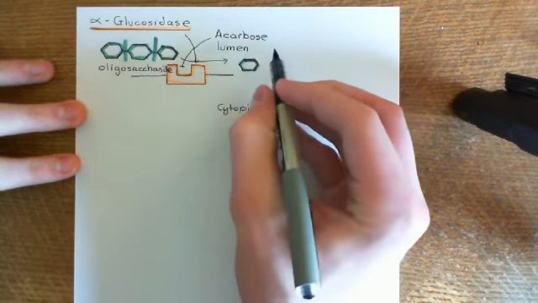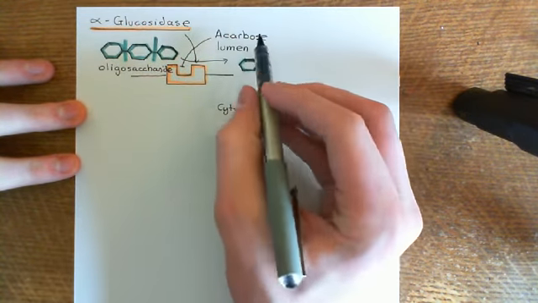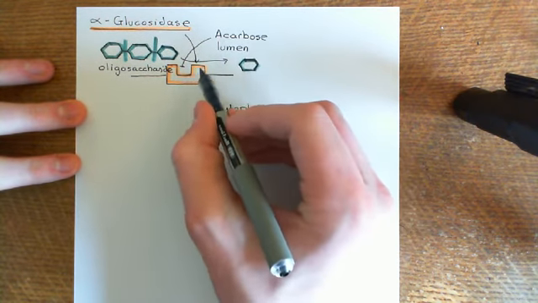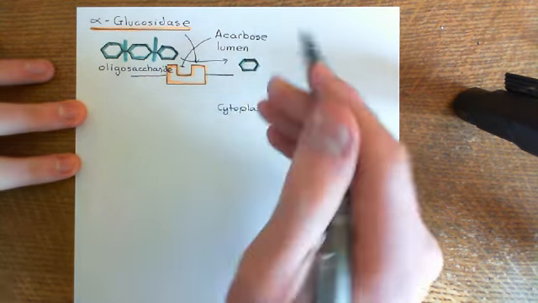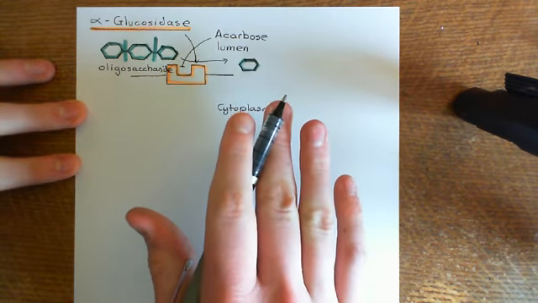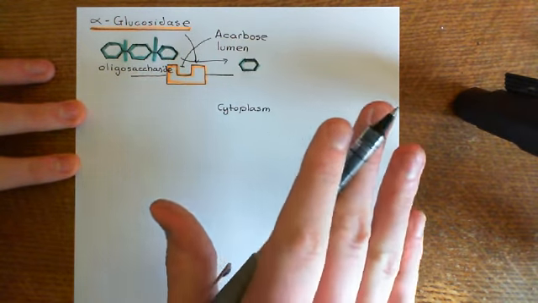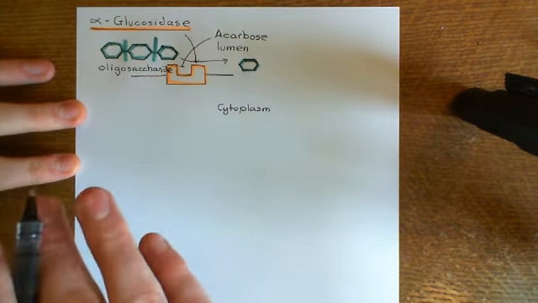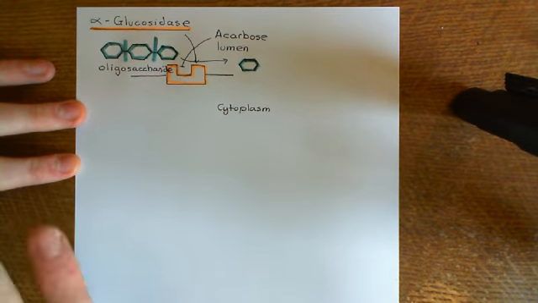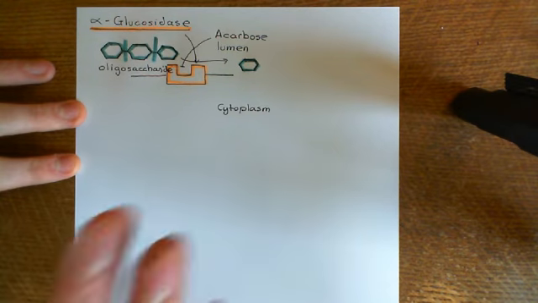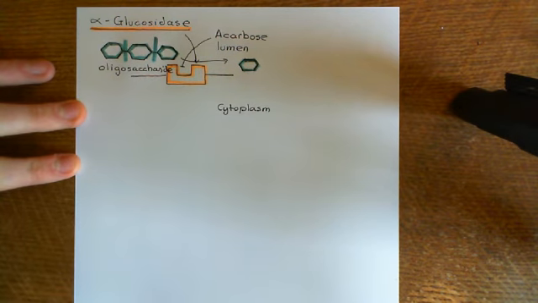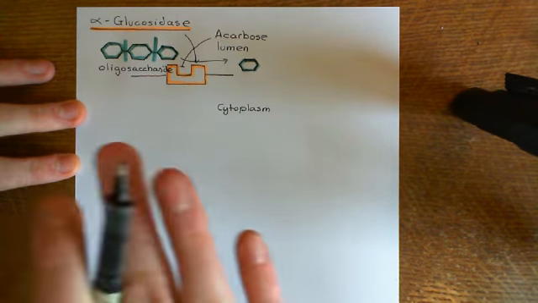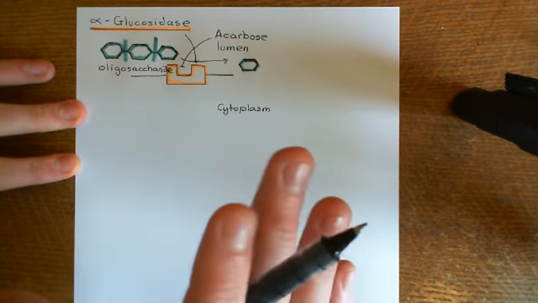So what is the effect of this? Well, you're not going to completely inhibit the enzyme. All you're going to do is reduce the activity of the alpha-glucosidase enzymes as a whole when you view them in the whole intestine. You're not going to inhibit absolutely every single alpha-glucosidase at every single second using this drug, but at any second you're going to have a good fraction of them not functioning.